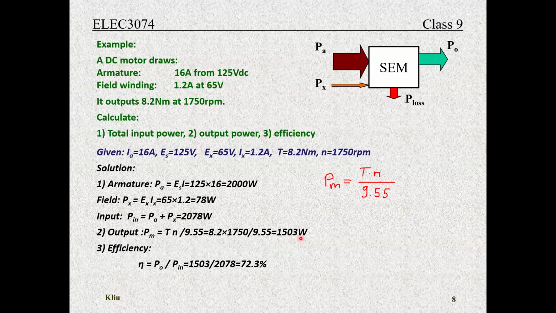So then, of course, plug in the numbers: 1503 divided by 2078, and we get 72%. We get a fraction, 0.723, and then multiplied by 100. I don't need to explain that. If I do, just let me know.